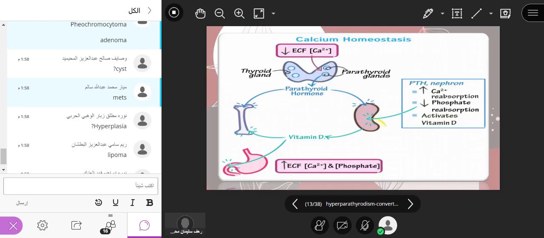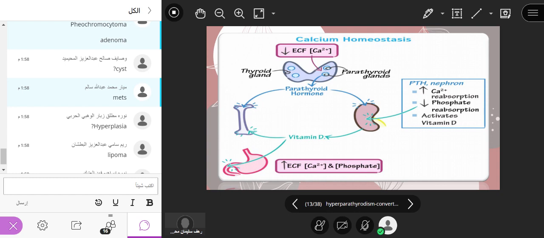For the physiology, it's very easy. When there is a decrease of serum calcium, this will stimulate the parathyroid gland, which will release parathyroid hormone. When it's released, it goes to the kidney to activate vitamin D, and also causes increased calcium reabsorption.